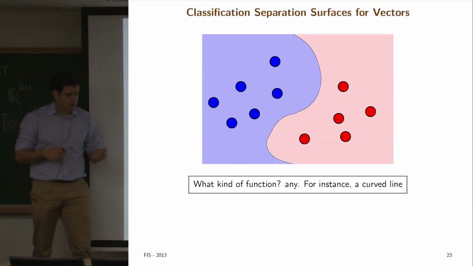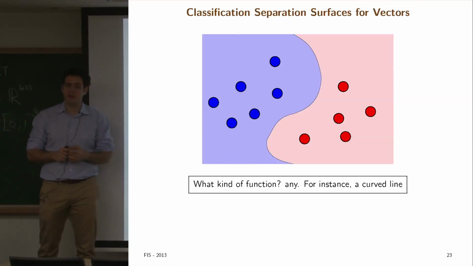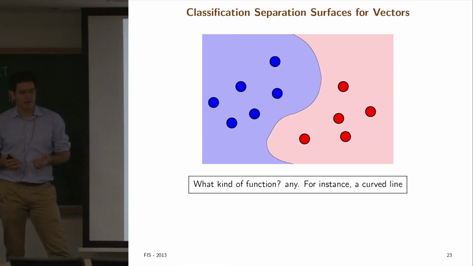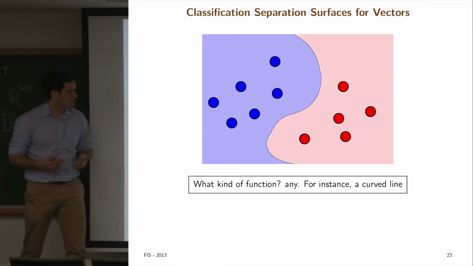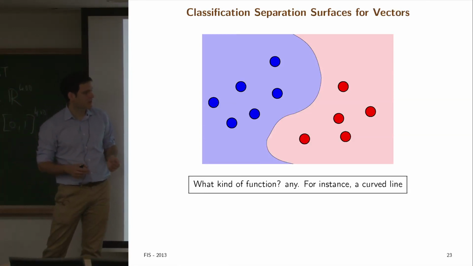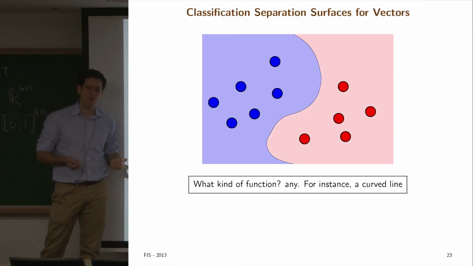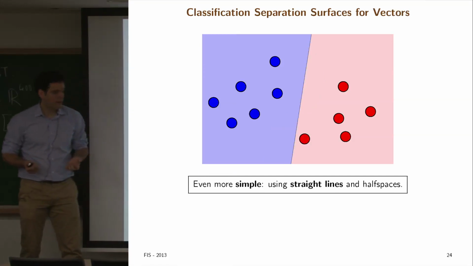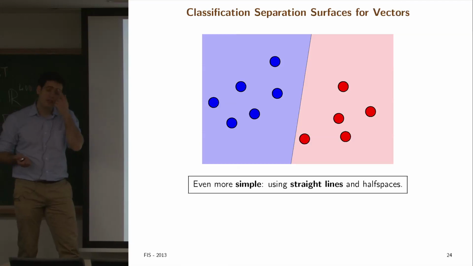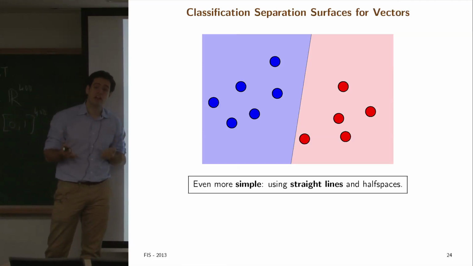So, of course, it would be very difficult to try to consider very, very weird functions. Well, it's not necessarily difficult, but just as with the linear regression case, usually what we try to do is at least consider functions that are regular enough, and what can be more regular than a linear function. So this is what people call linear classification.